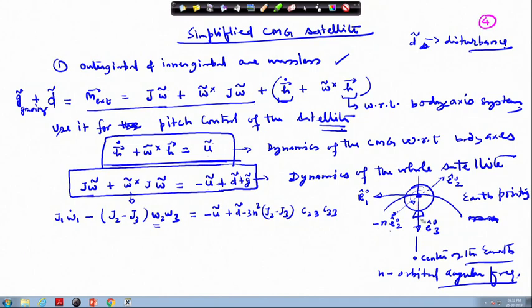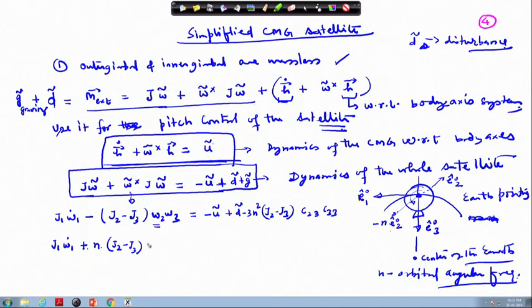the satellite is not rotating along the 1 and the 3 axis, only rotation is taking place about the 2 axis, which is opposite to the E cap O 2 axis. Okay. So, this can be written as omega 1 dot and minus this omega 2 then becomes n j 2 minus j 3, and minus this minus sign.